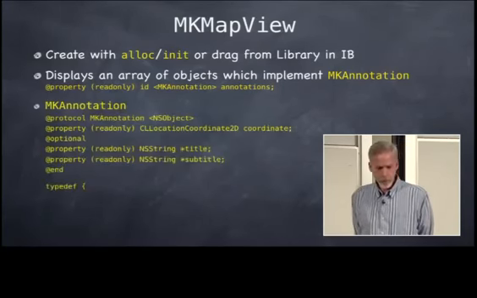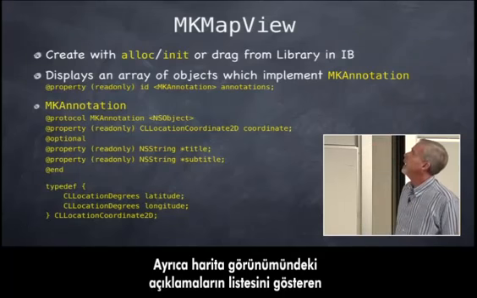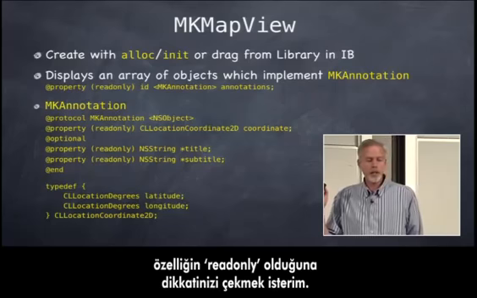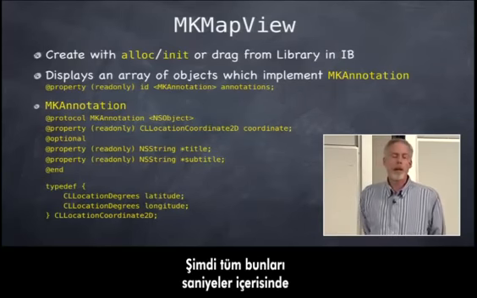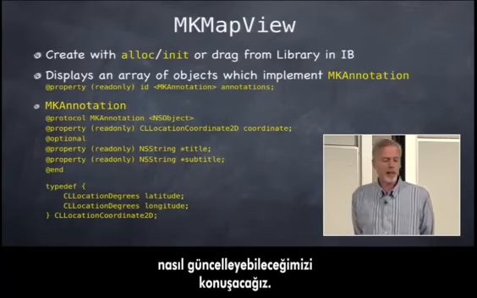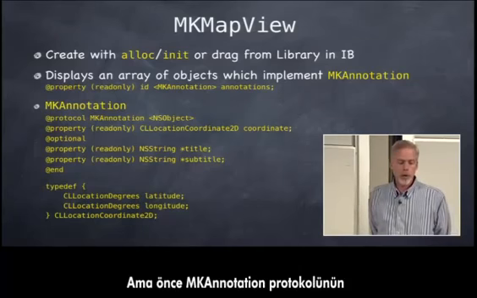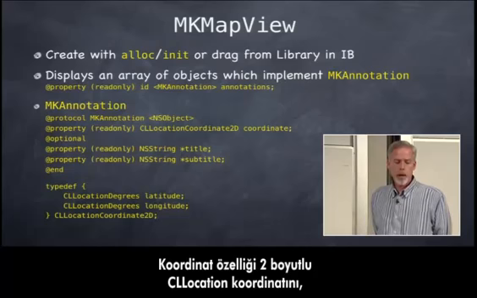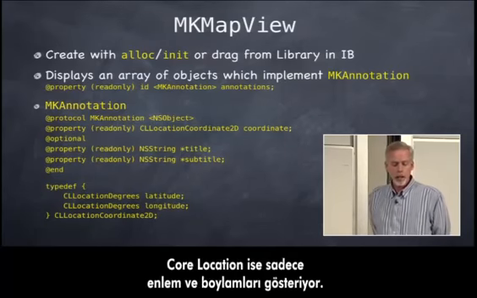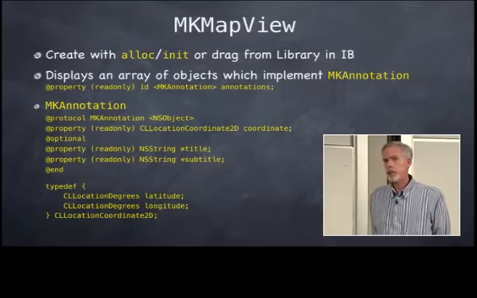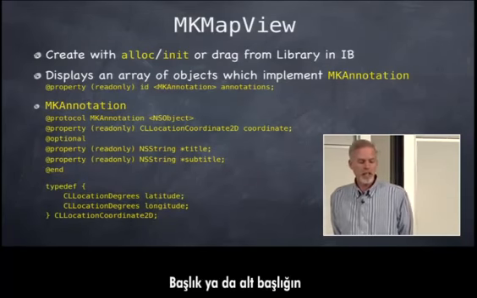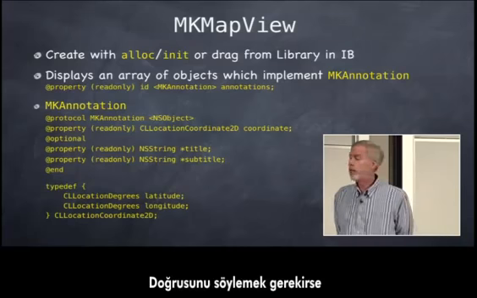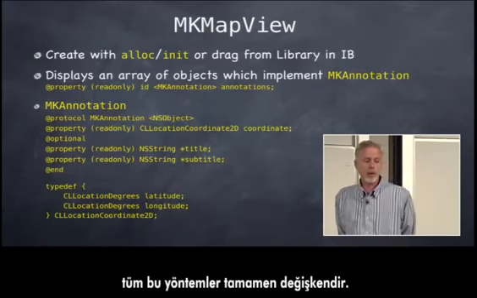Notice that the property in the map view which gives you the list of annotations is read-only, and we'll talk about how you update that list in a second. But here's what the MKAnnotation protocol looks like. It just has those 3 properties in it. The coordinate property is the CLLocationCoordinate2D from Core Location, just latitude and longitude. Really, really simple. It is okay if the title and/or the subtitle is nil. That's perfectly fine. In fact, you can see that those methods are optional in the protocol.